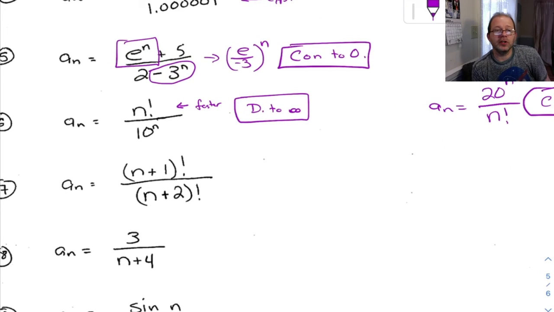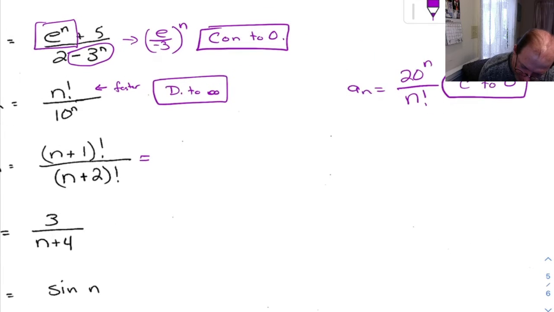Okay, this one's interesting because you've got n plus 1 factorial over n plus 2 factorial. So how can you deal with this? Well, here's the thing. Factorial is 1 times 2 times 3 times up to n, or whatever your number is that you're looking at.